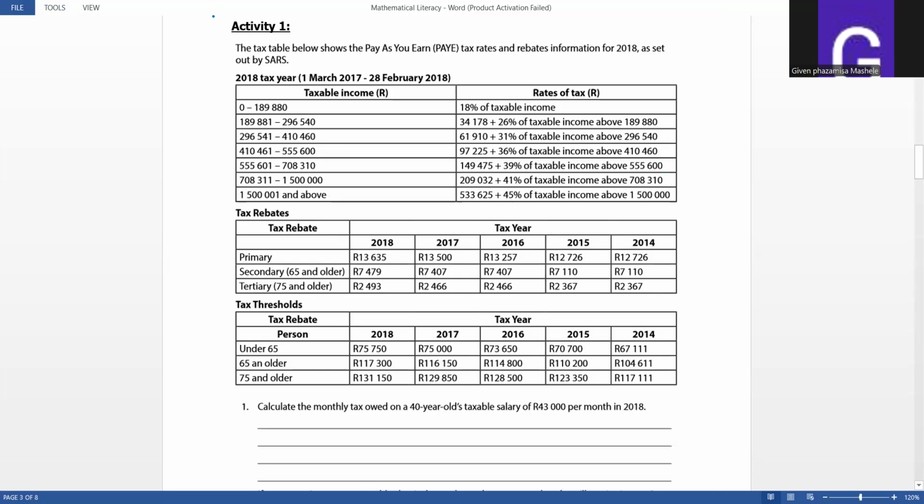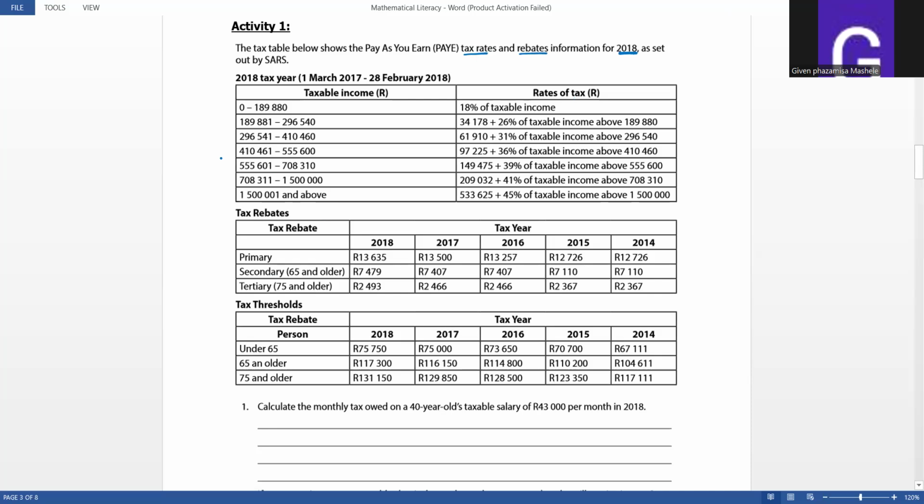Right. Now it says the table below shows the pay-as-you-earn (PAYE) tax rates and rebate information for 2018. As I said, every year SARS has to change the tax table.